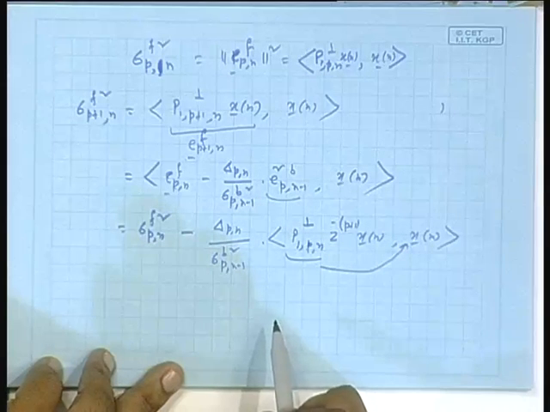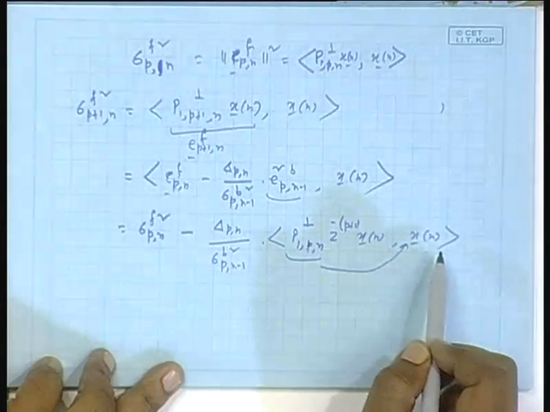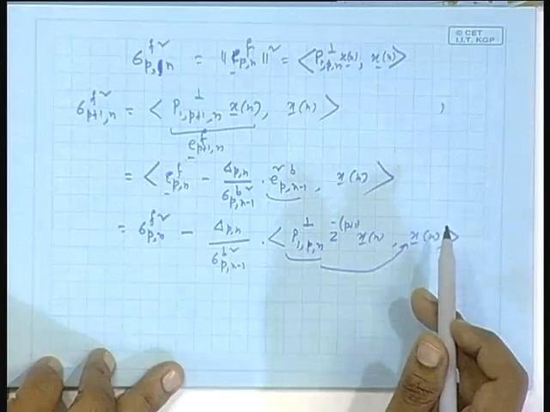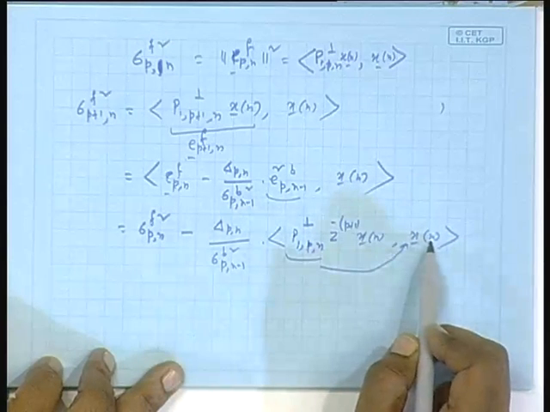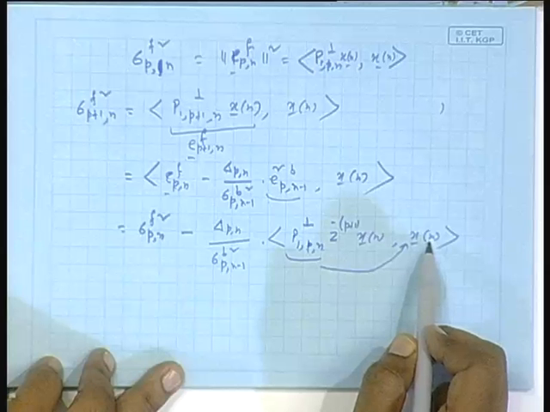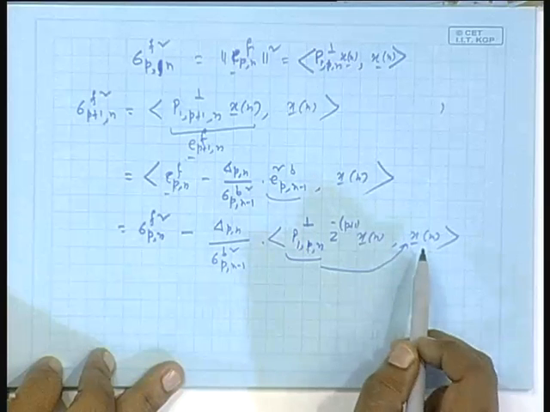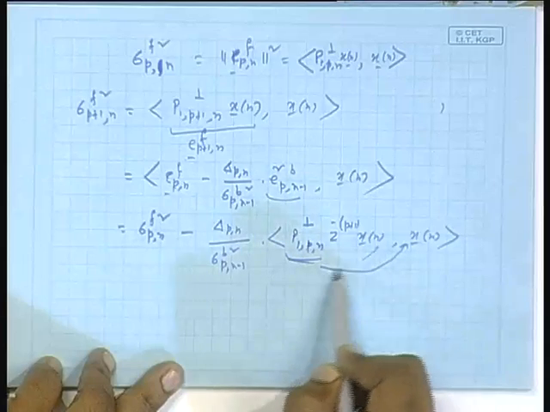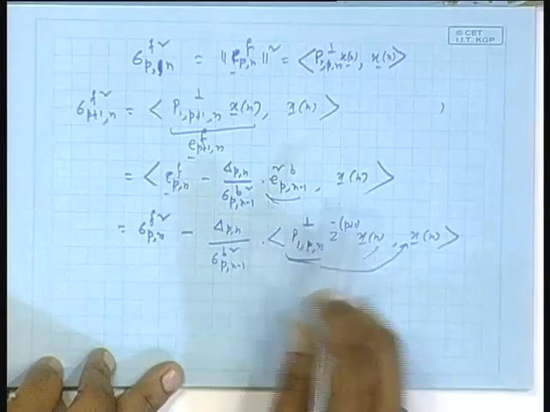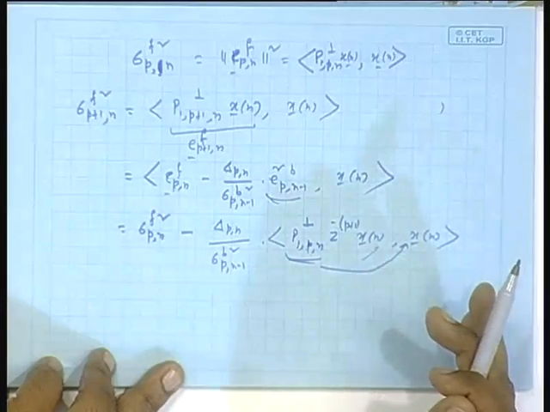So, that will give rise to E p n f, E p n f, x n and this P 1 P n perpendicular. Okay. That will give rise to E p n f, and E p n f and this fellow, which is this fellow, their inner product is same old delta p n.